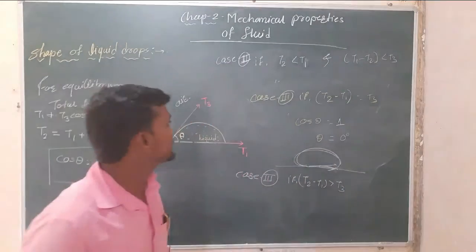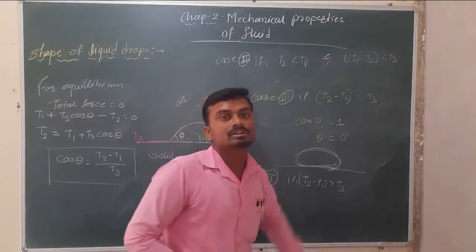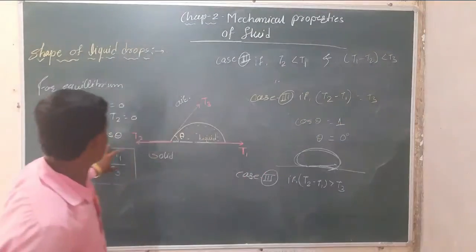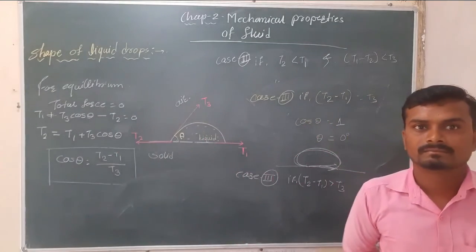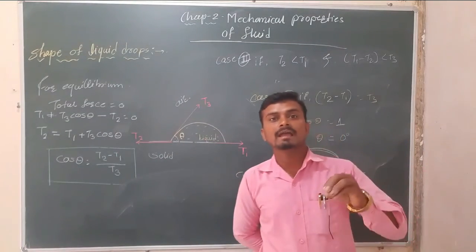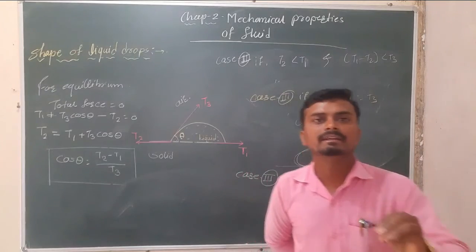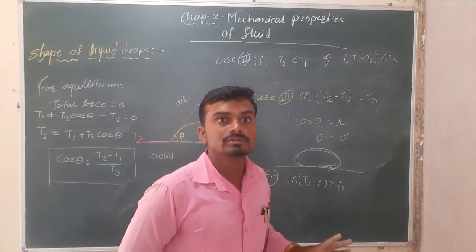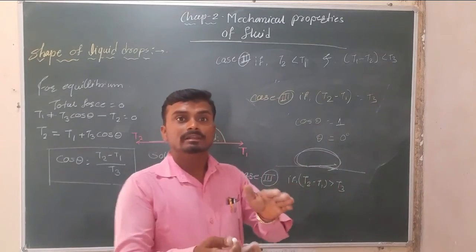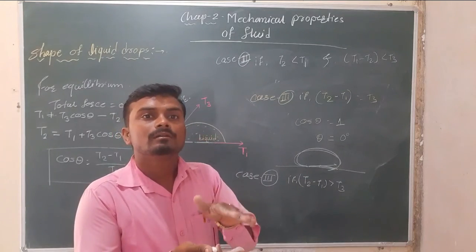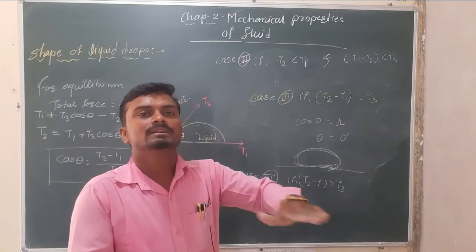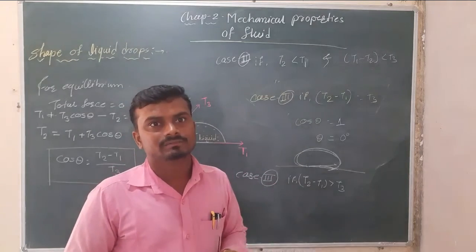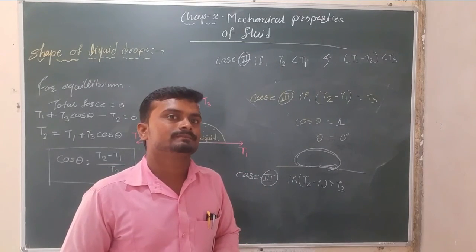If we consider the third case, T2 minus T1 equal to T3, the numerator is equal to the denominator, then cos of theta is exactly equal to 1 and theta is equal to 0. In this case, the liquid drop is formed, but it is flat in shape over the solid surface.